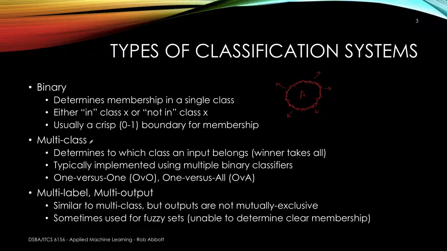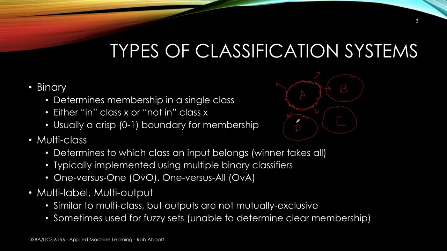We also have multi-class classifiers. So in this case, in addition to Class A, we have other classes that something can be a member of as well. And typically the way we do this is by training a whole bunch of binary classifiers.